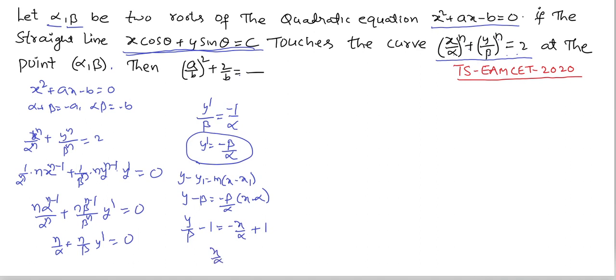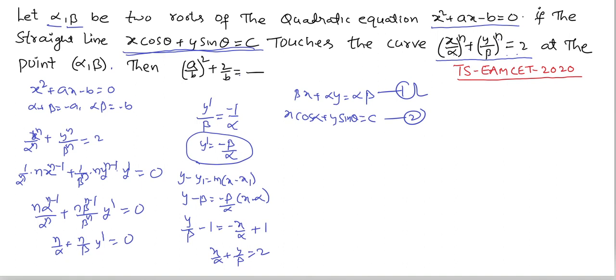So x by alpha plus y by beta equal to 2. This is the tangent equation. The given tangent in the problem is x cos theta plus y sin theta is equal to c.